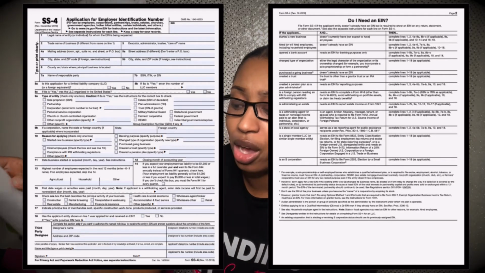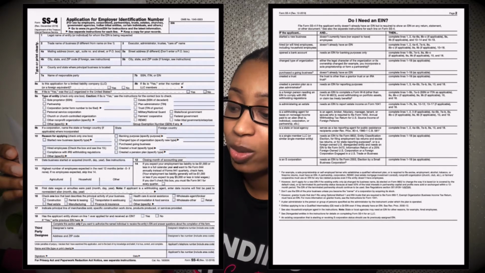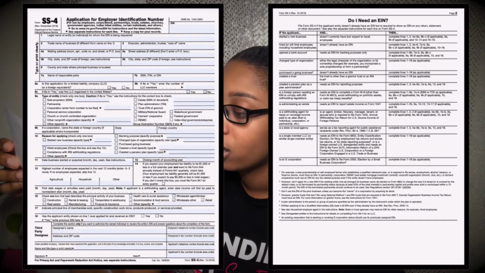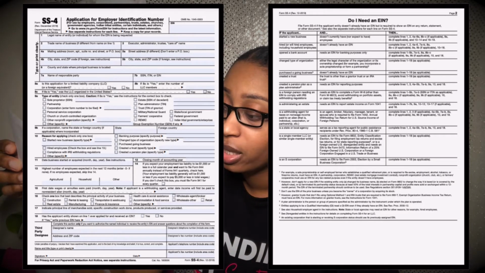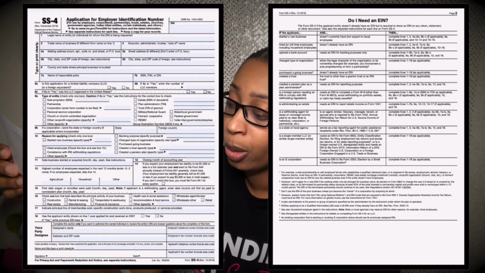Some of the reasons are starting a new business, hired employees, compliance with IRS withholding regulations, banking purposes, change type of organization. They just give you different options. Date business started or acquired. It asks for the month, date, and year. Highest number of employees expected in the next 12 months. That's pretty much it.